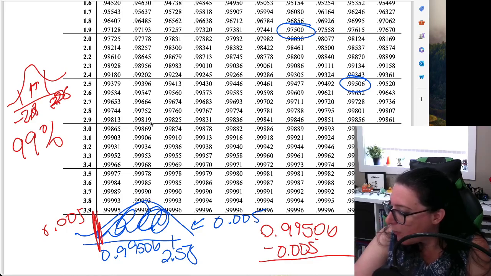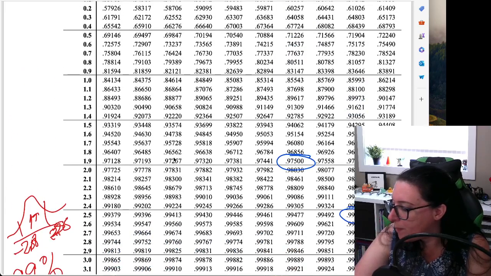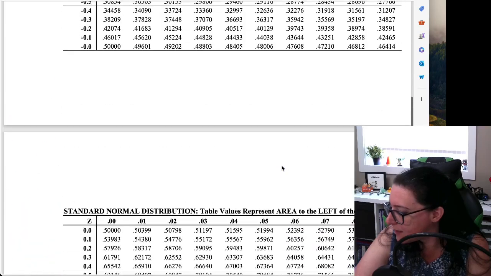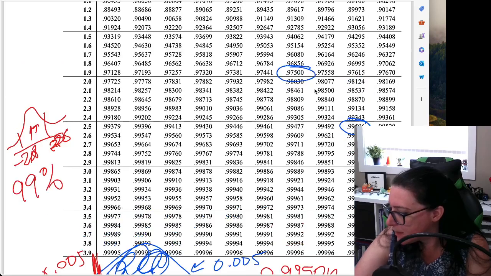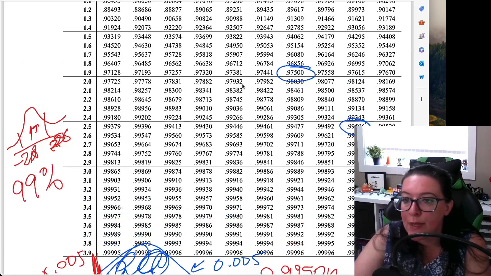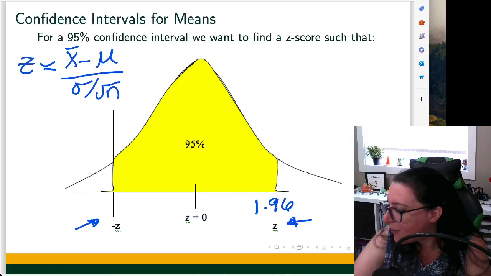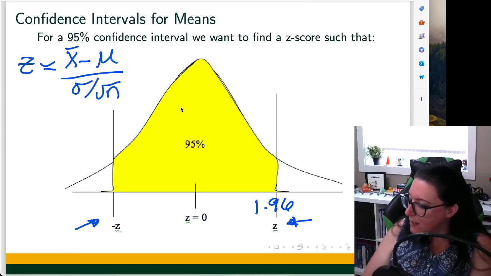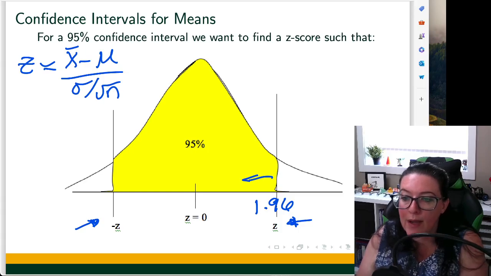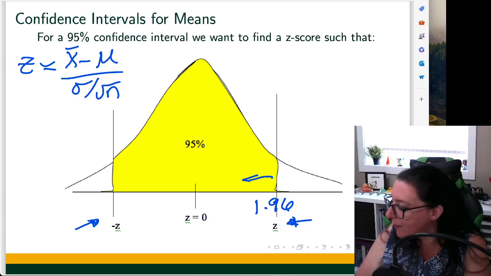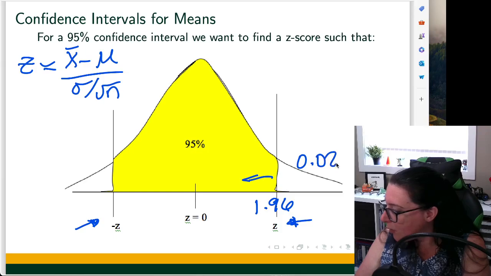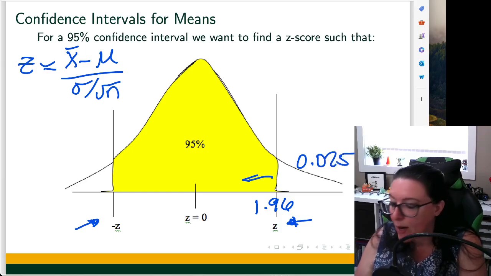And we talked about how we know that because if we go to 1.96, which is the one I circled right here, you get 97.5, which means that everything to the left of this 1.96 is 97.5, which leaves 0.025 on this right tail.